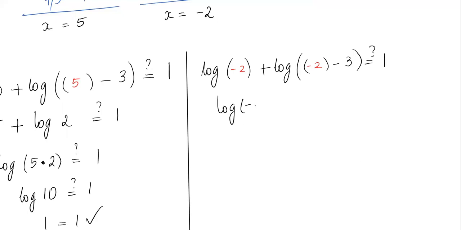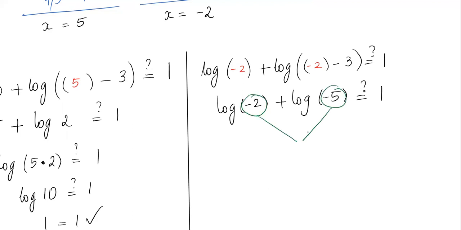Log of negative 2 plus log of negative 5 equals, is it equal to 1? Don't go ahead and use your product rule yet, because you need to first understand that your argument has a negative. This itself is directly in opposition to the definition of log.